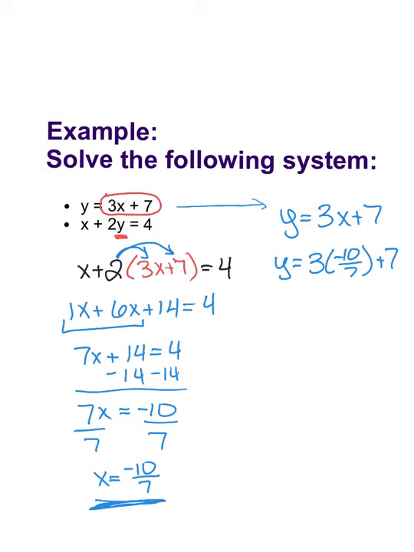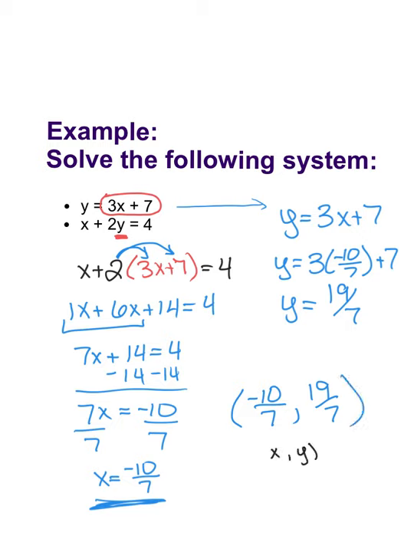If I type that in the calculator, I end up getting that y equals 19 over 7. So now my answer, because again it's a point, my x is negative 10 sevenths and my y is 19 over 7. Remember, whenever we write a coordinate point, it's always x comma y. So if by chance, when you were solving, you got the y first, that would go in there. Okay?